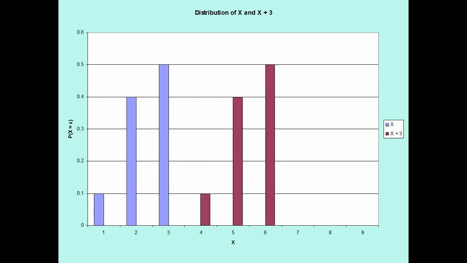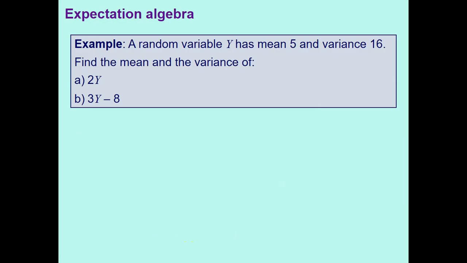If we look at adding instead, here again we've got the original values of x and then the values of x plus 3. Again we can see that the mean has moved 3 further up, so we're adding 3 to the mean, but this time the spread hasn't changed at all. So that's why when we add something to the values of x, the standard deviation and the variance don't change. Hopefully that helps you visualize what's happening.